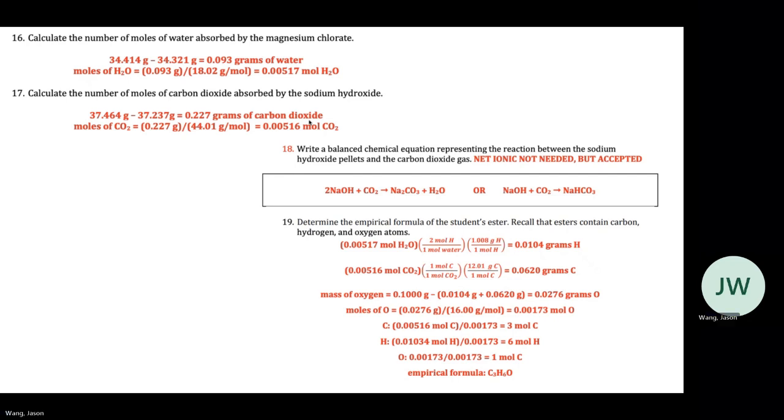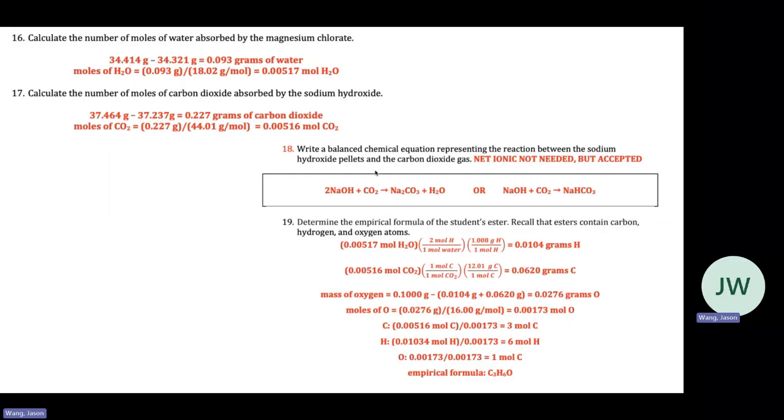For number 18, we're trying to write a balanced chemical equation. Remember that we've gone through a lot of chemical equations: single replacement, double replacement, synthesis, decomposition. We also have oxidation reduction, acid base, and precipitation.